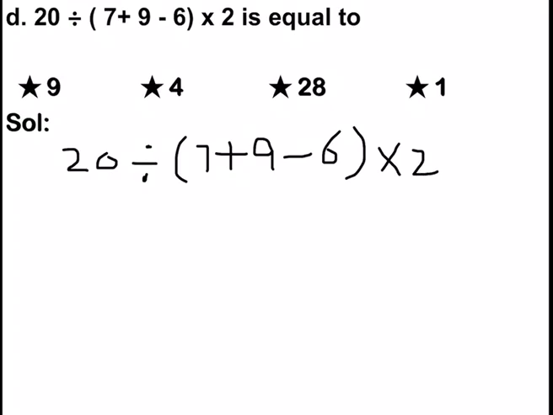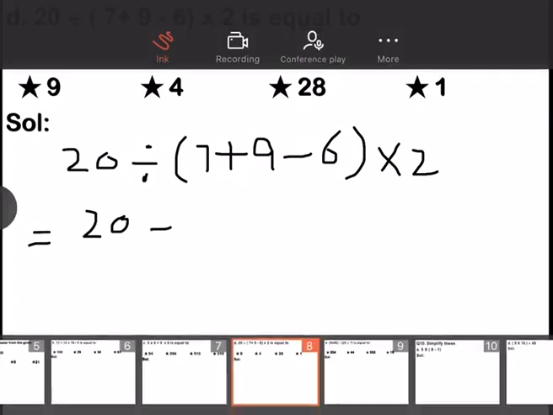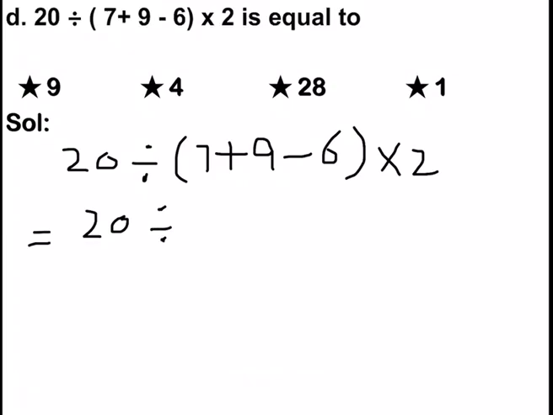First we will solve, then we will find the correct option. 7 plus 9 is equal to 16.